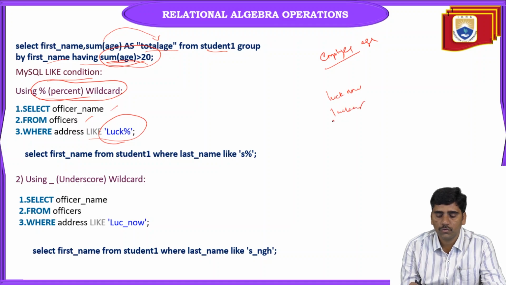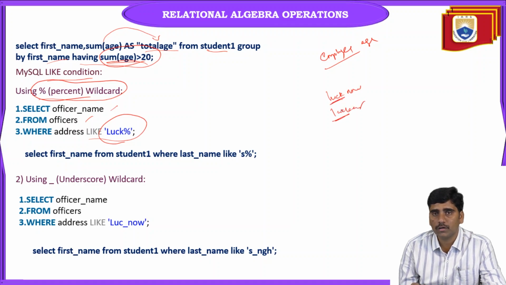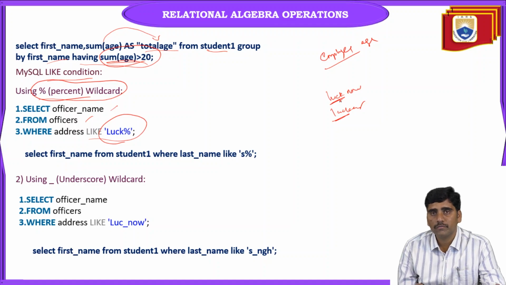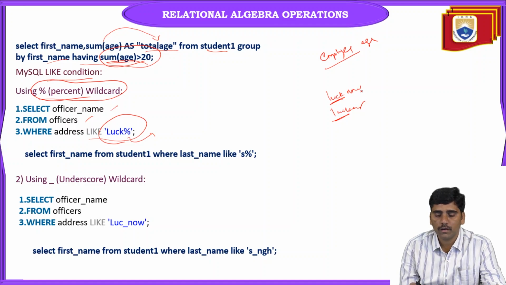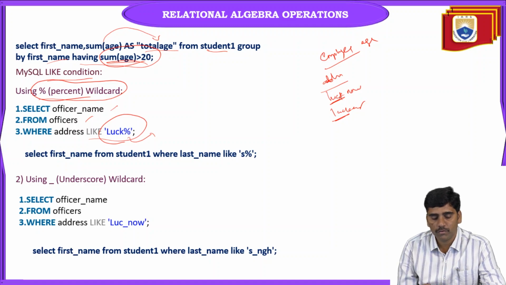So whatever the addresses starting with luck, followed by anything, it displays all of those addresses.